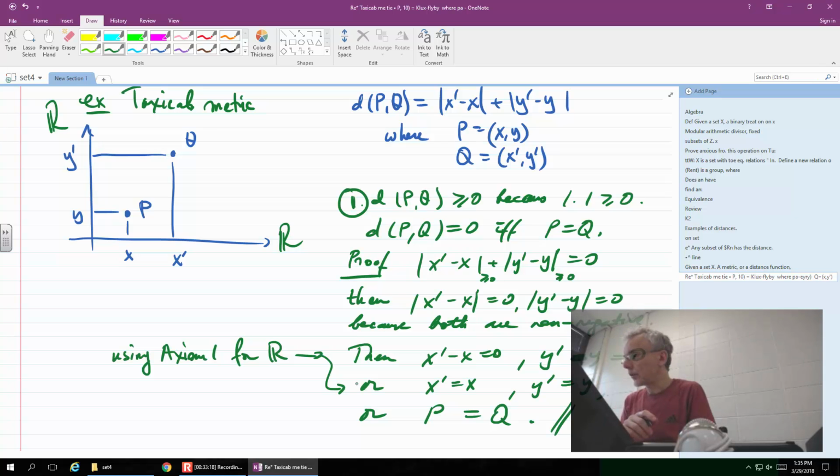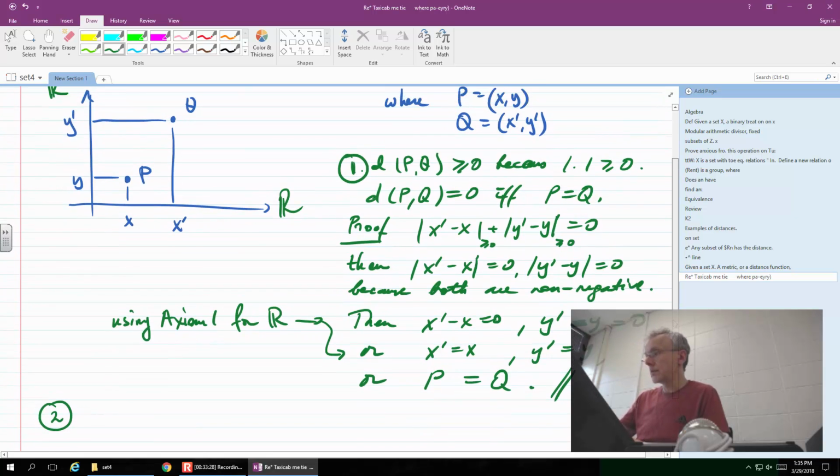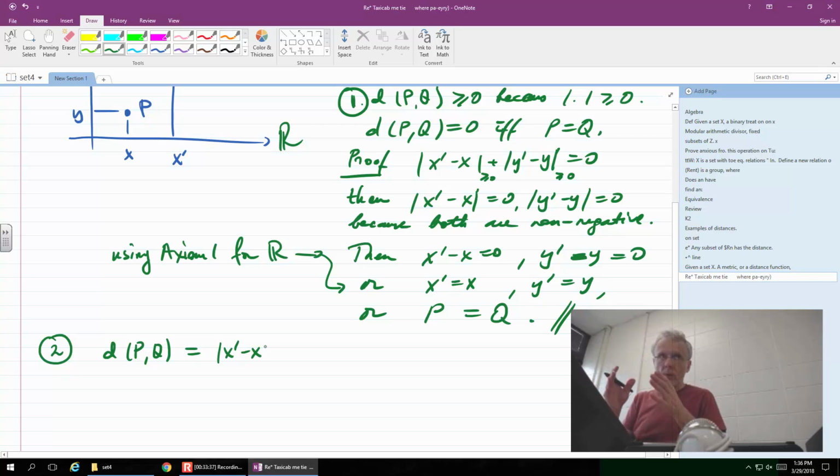Okay, so now axiom 2. That's easy. So d(p,q) is equal to |x prime minus x| plus |y prime minus y|. I mean, it's very easy once you do it once, okay? But you still have to do it once.